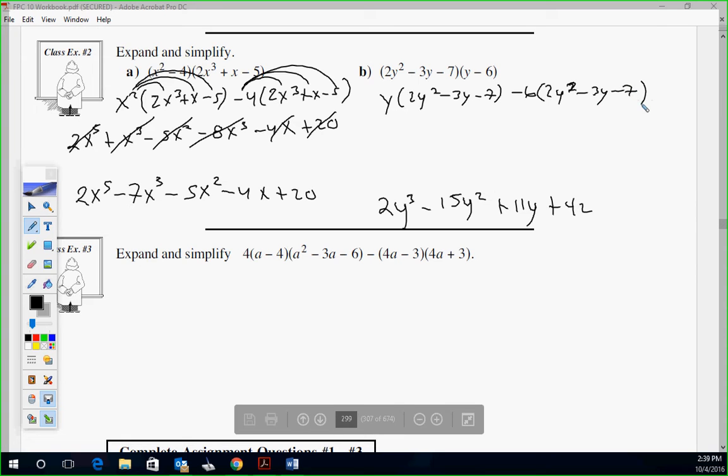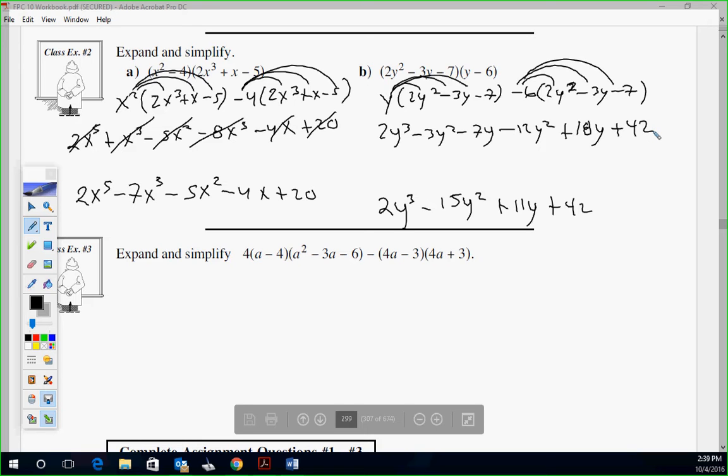Okay, so that gives me 2y cubed, negative 3y squared, negative 7y, negative 12y squared, plus 18y, plus 42. Negative times a negative.